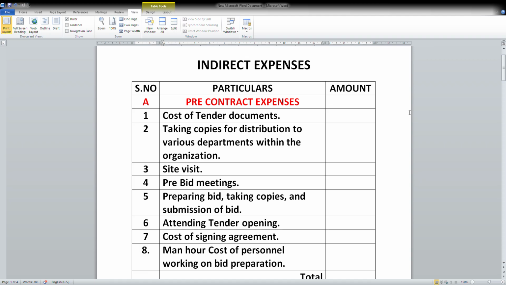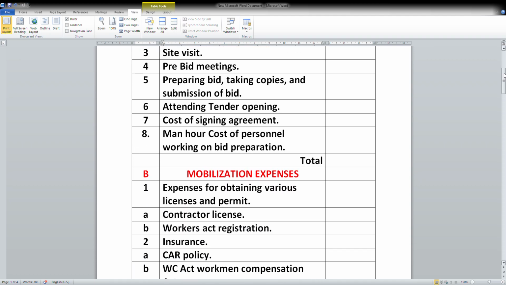So let us see one by one what all the indirect expenses are. One is pre-contract expenses. Another head is mobilization expenses, or you can say pre-construction expenses. That is, before you start the construction, certain expenses will be incurred. So that is mobilization expenses.